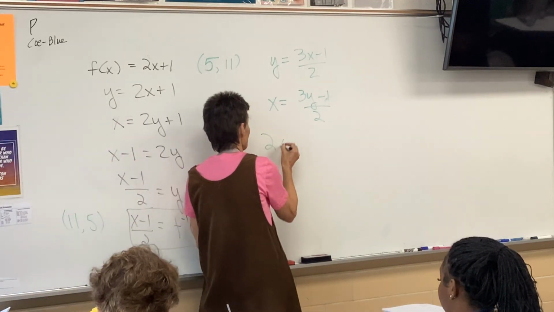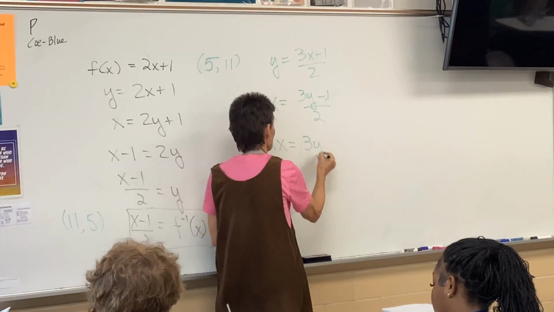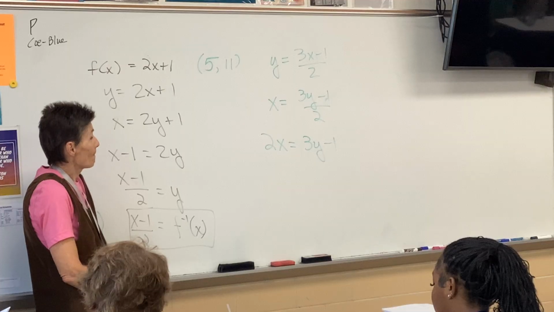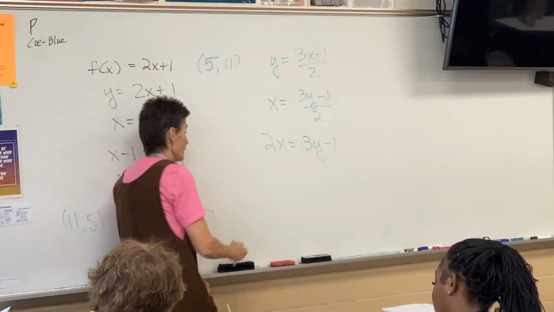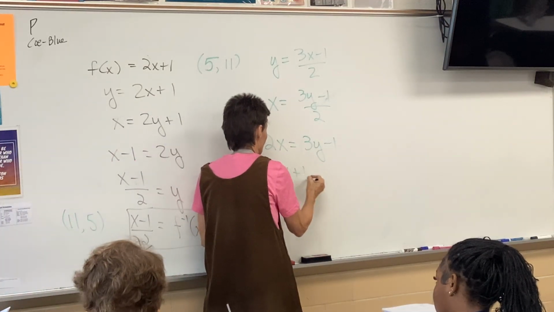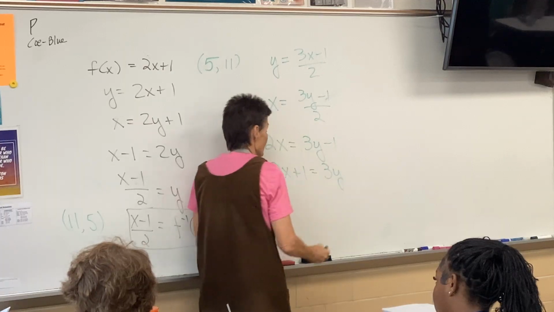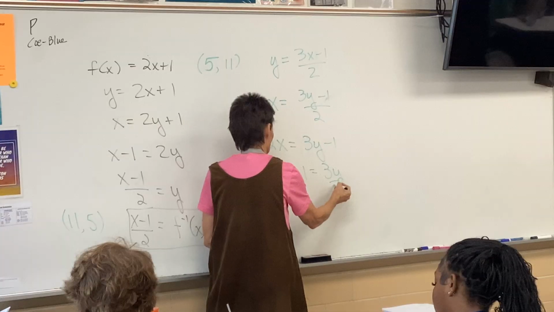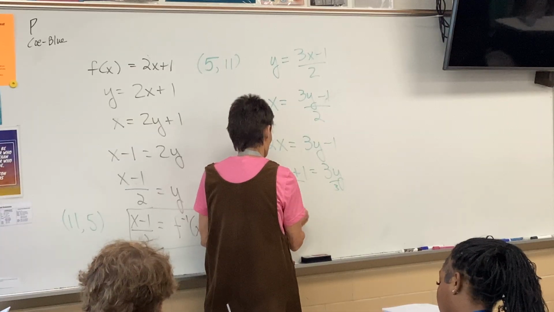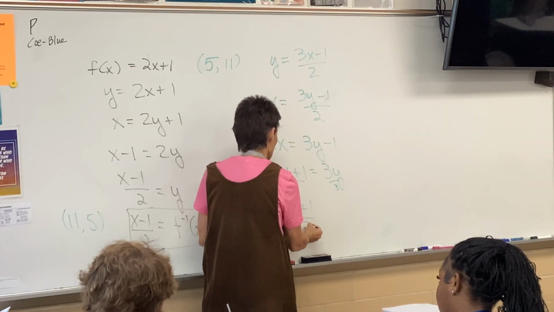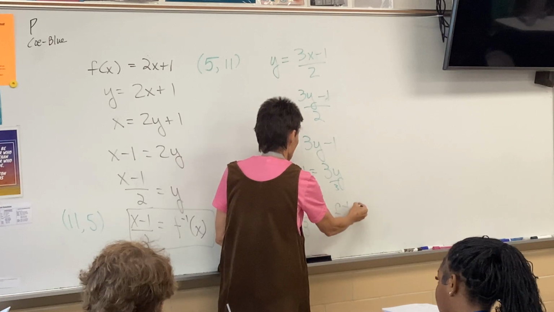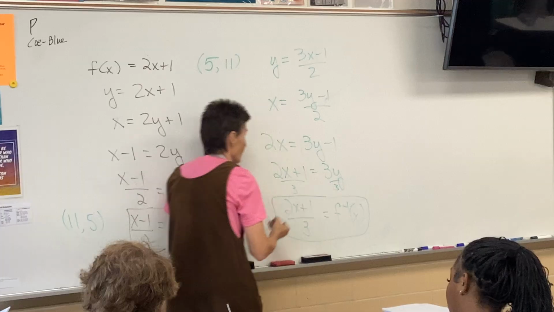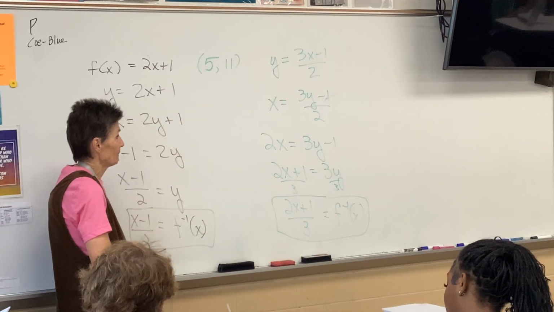So 2x equals 3y minus 1. And then add the 1. And then divide by 3. So 2x plus 1 over 3 is my inverse. That's my answer. Remember, our job was to find the inverse.